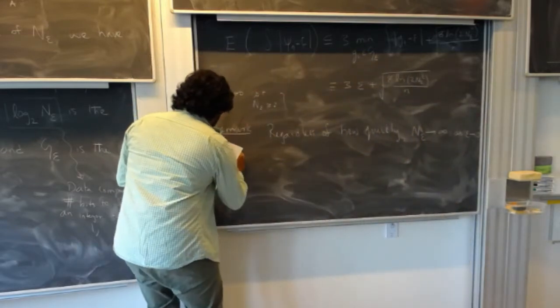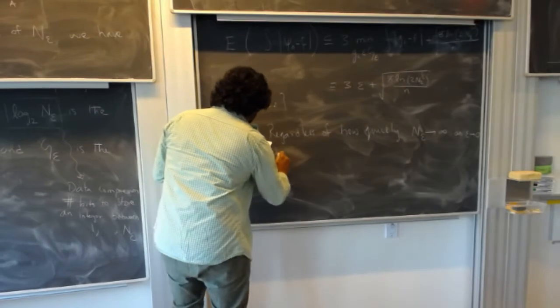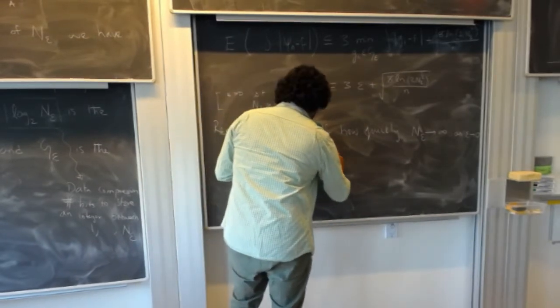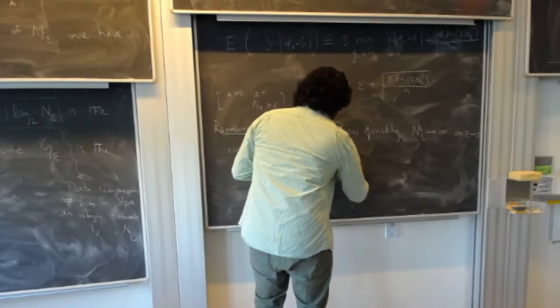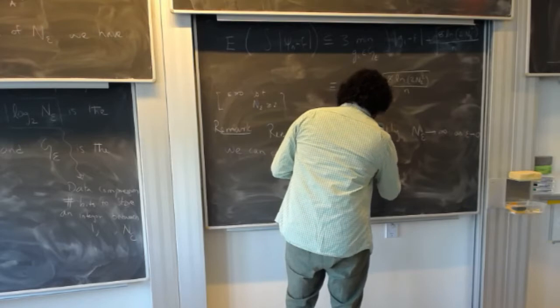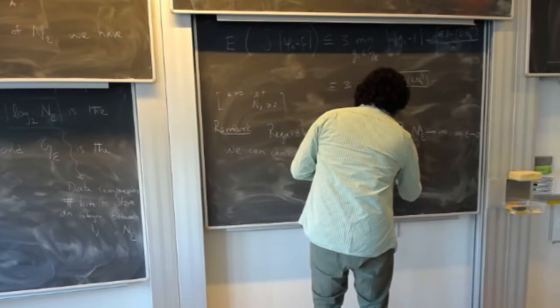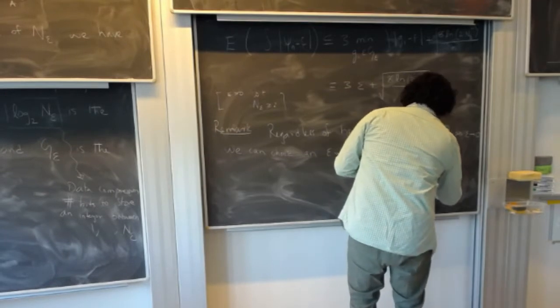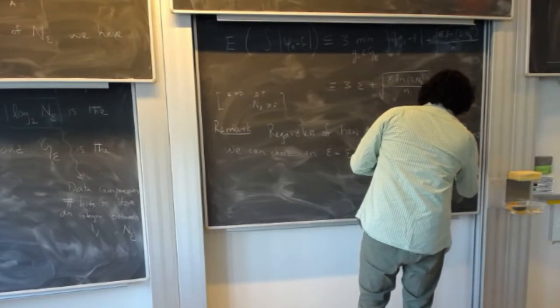We can choose n epsilon to depend on n itself, right? Epsilon n to be the infimum over all epsilon such that the logarithm of n epsilon is less than or equal to root n.